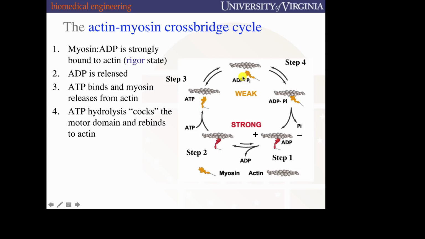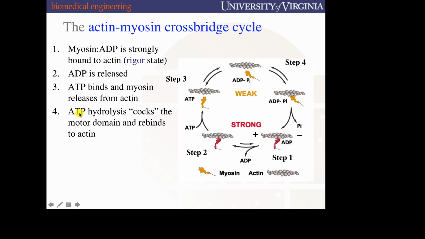Okay, step 4 now is this process by which the ATPase activity of the myosin head domain is in the process of hydrolyzing ATP to ADP plus inorganic phosphate.